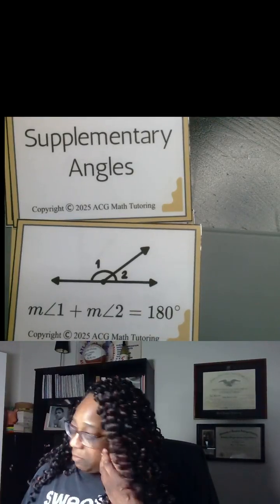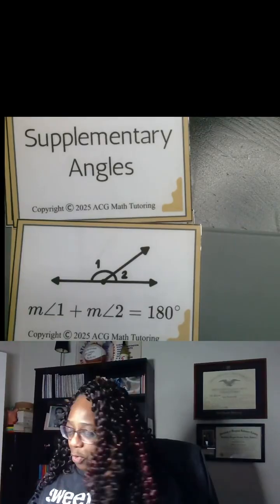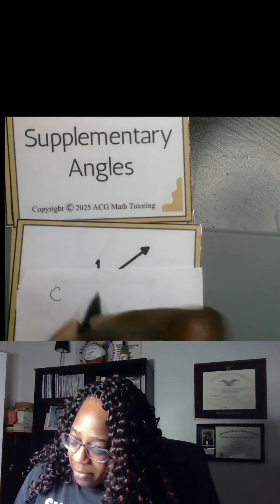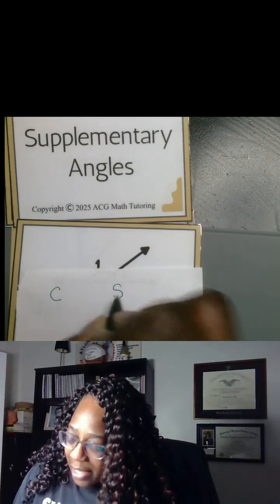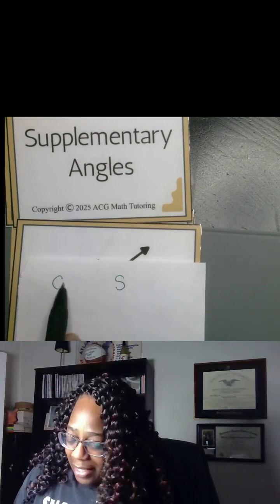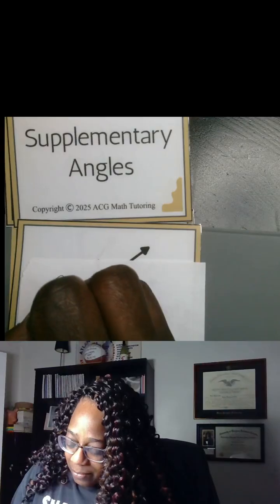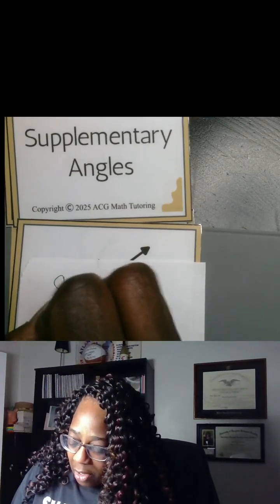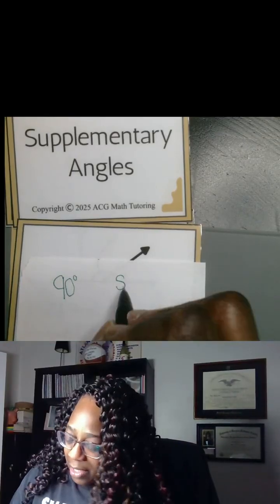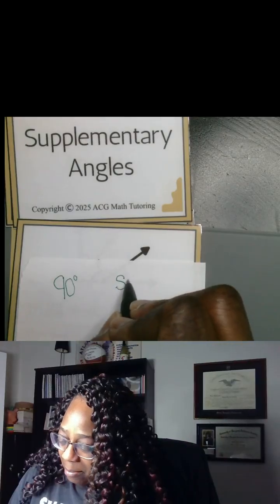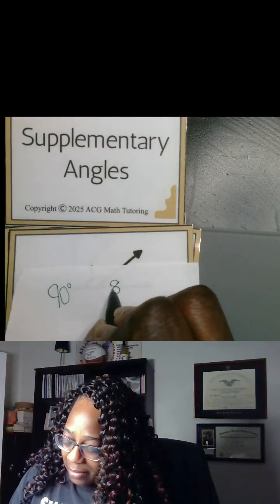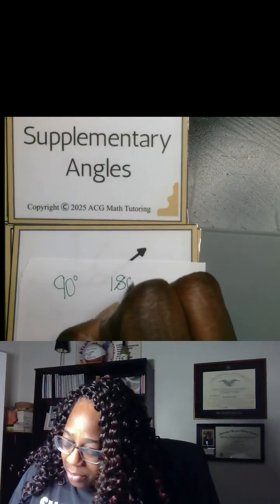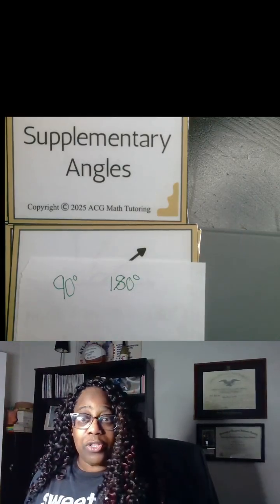Like I have shown in the past, complementary begins with a C and supplementary begins with an S. If I draw a line to connect the two ends of the C and continue on, I get a 9, so complementary angles equal 90 degrees. If I connect the two ends of the S, that gives me an 8, so supplementary angles equal 180 degrees.